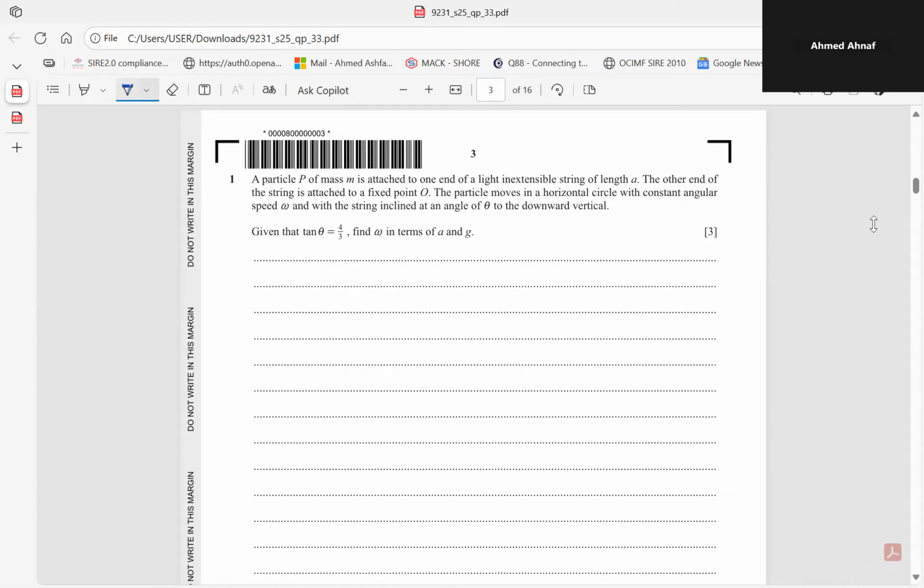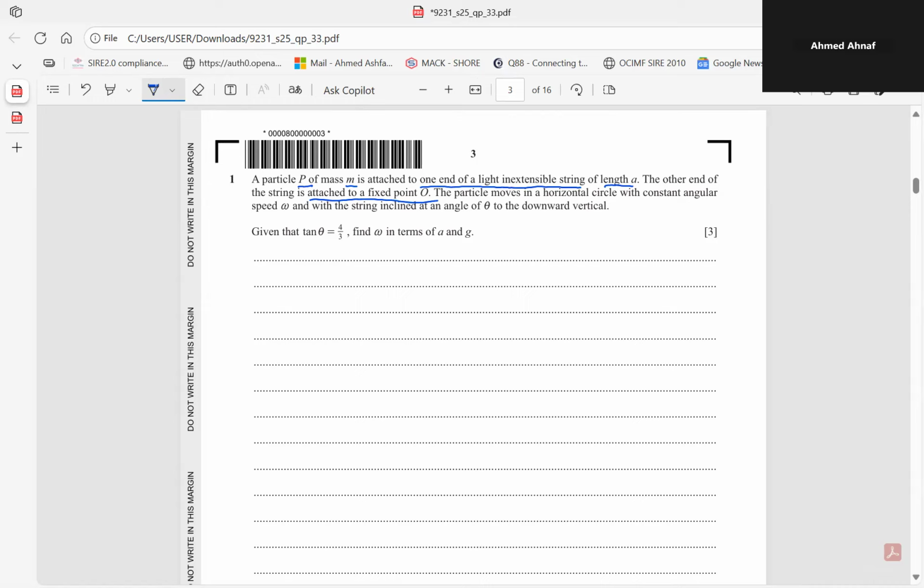Okay, so for this first question, we're told that a particle P of mass m is attached to one end of a light inextensible string of length a. And we're told that the other end of the string is attached to a fixed point O. So all this will help us in making our diagram later on, which will help us to solve this question.